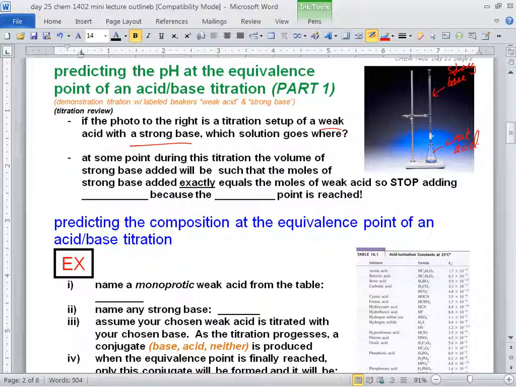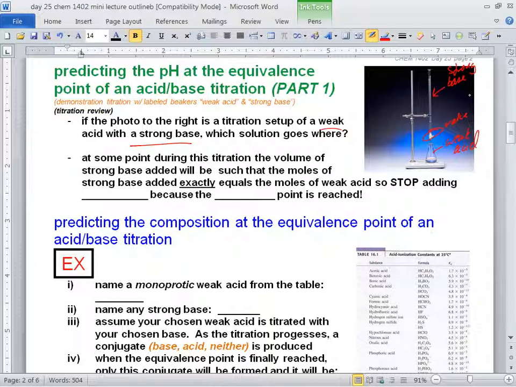Exactly. So at some point during this titration, like Andromeda said, our burette has our little valve, so we'll open and close it, and keep adding that strong base. But at some point, we're adding that strong base so that the moles of the strong base added exactly equals the moles of the weak acid.